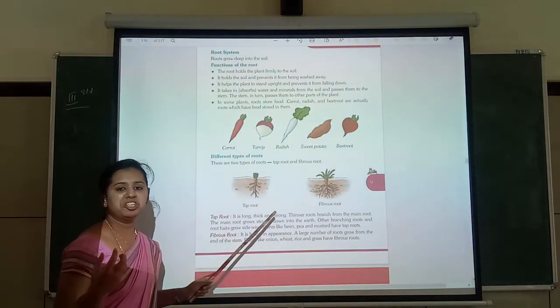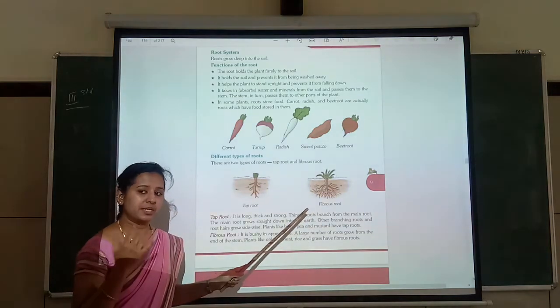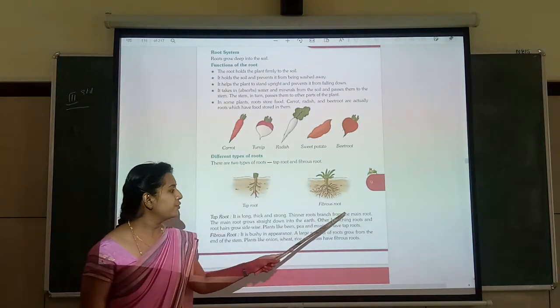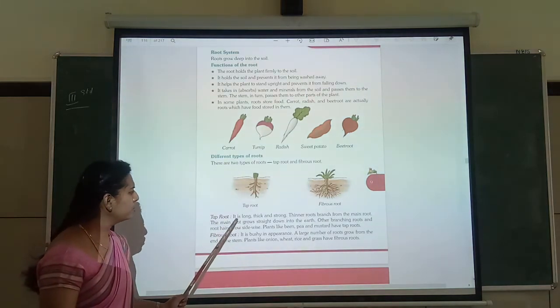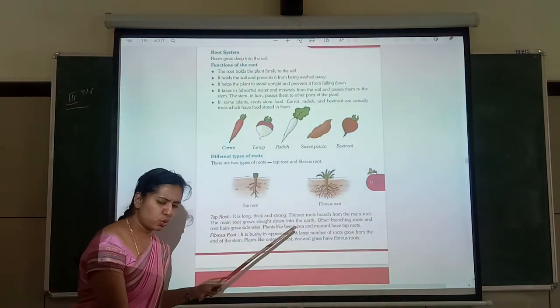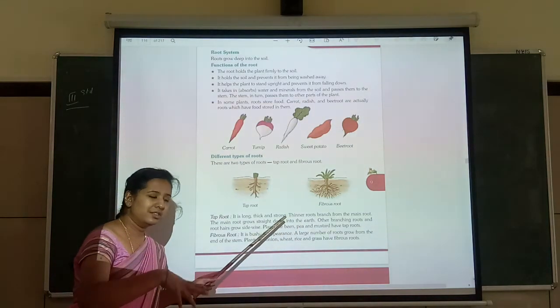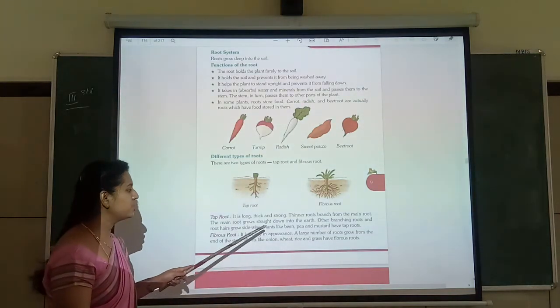It is thin but strong, and branches from the main root. The main root grows straight down into the earth. It goes straight and it will be very strong.